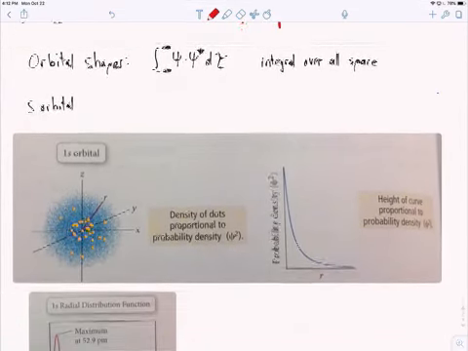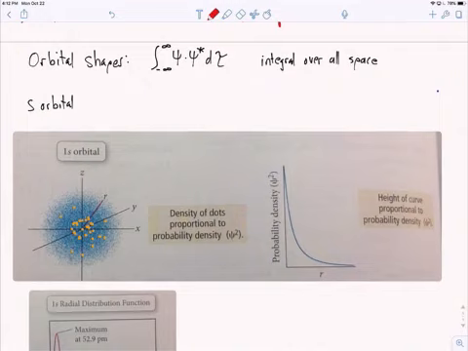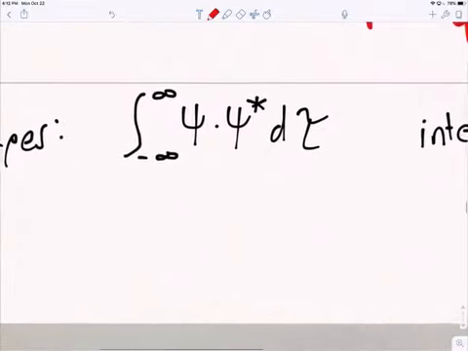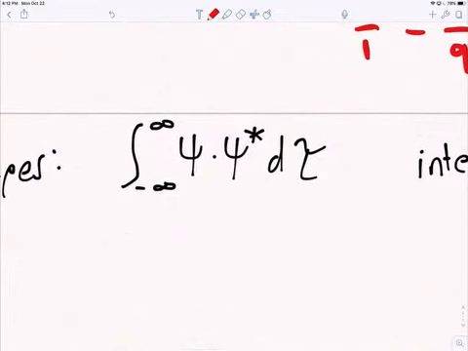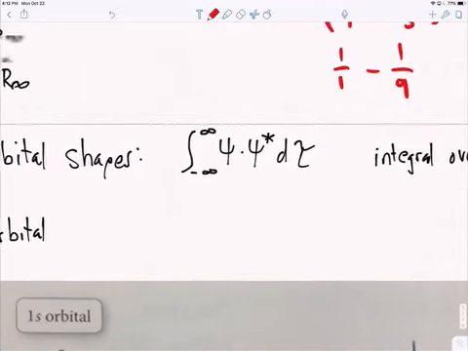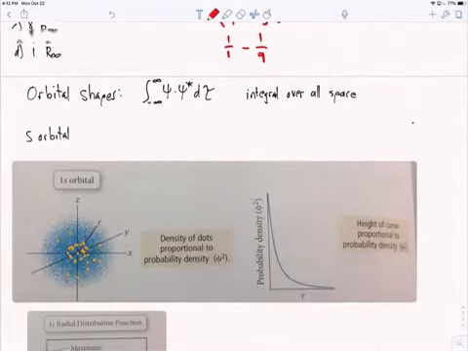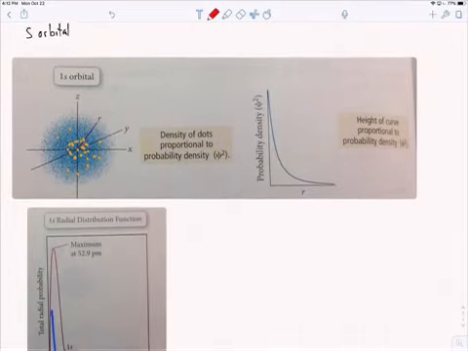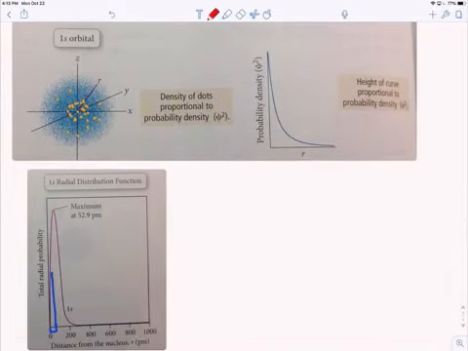Oh, that's strange. We're not going to get as far as the earlier class. Doesn't happen typically. Okay, I already mentioned that the orbital shapes are this integral from negative infinity to infinity of the wave function times its complex conjugate over all space, d tau. And if you do that, you can then apply the shell model.